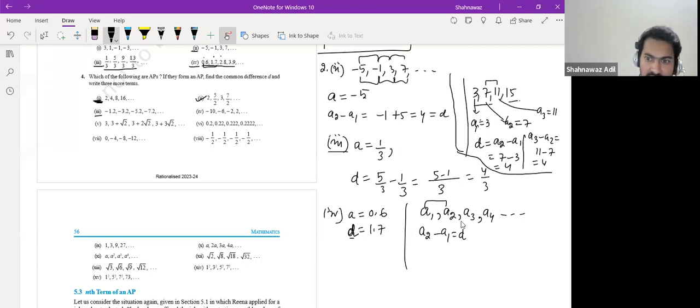So did you understand that we have to find the difference between the subsequent terms, right? This would be between these terms. What would be the difference between these terms?